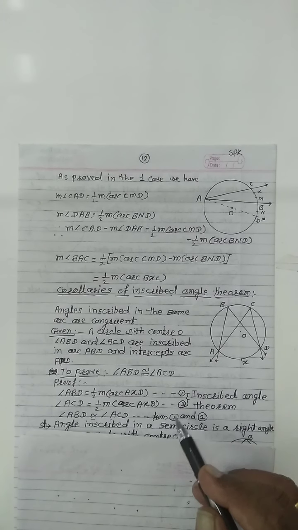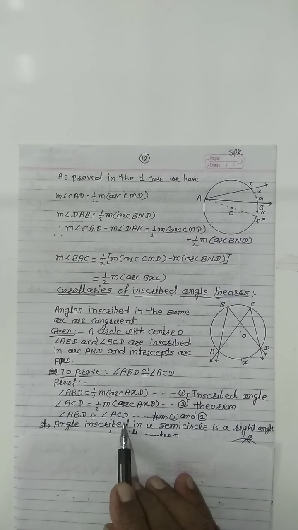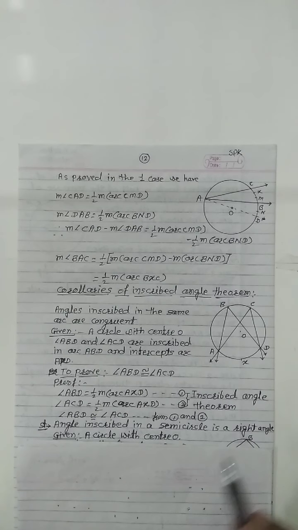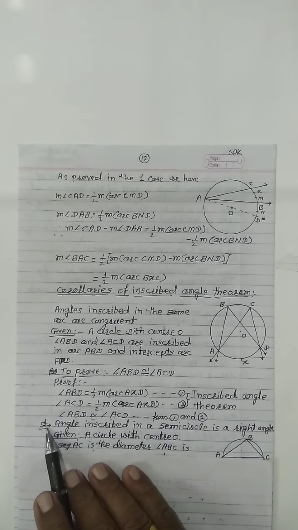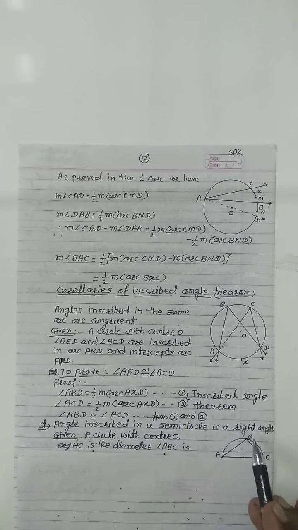Then from 1 and 2 we can write angle ABD congruent to angle ACD. Now the second corollary is: an angle inscribed in a semicircle is a right angle.